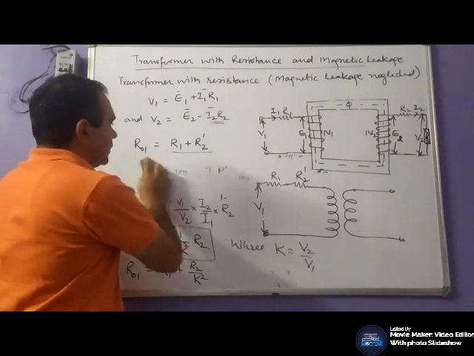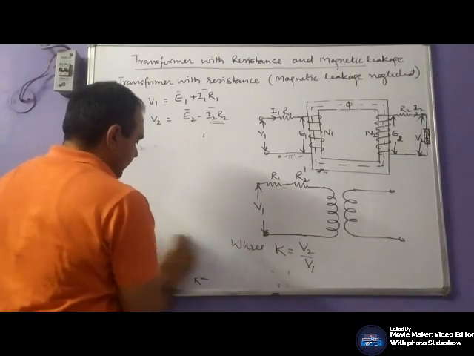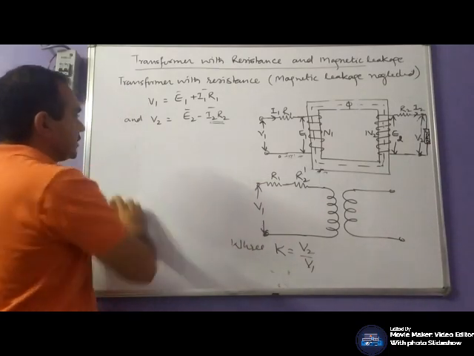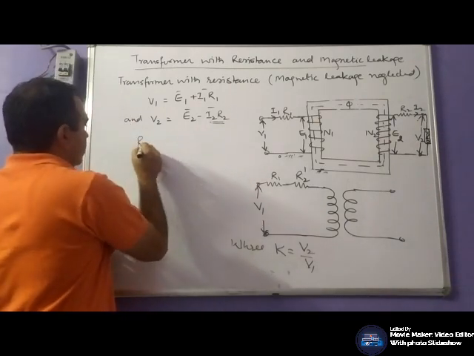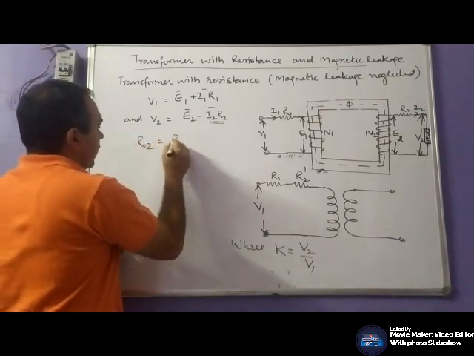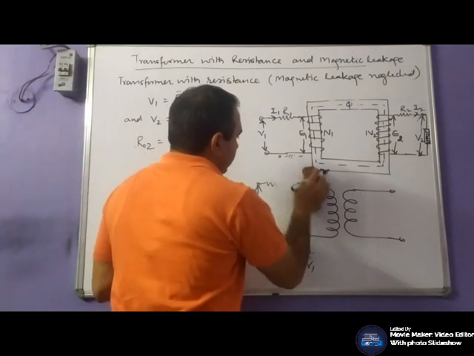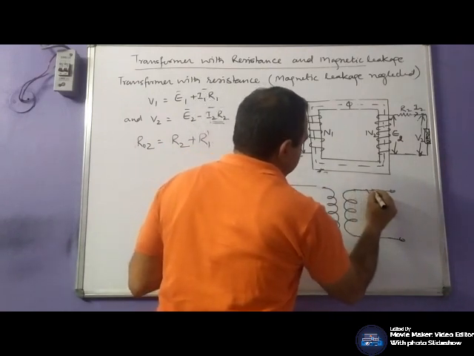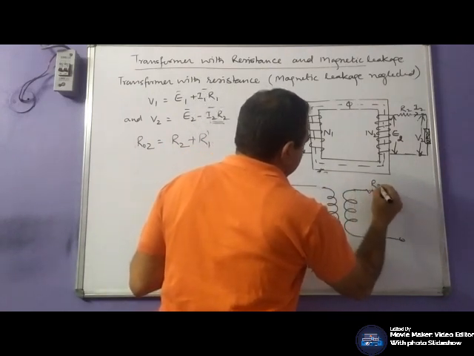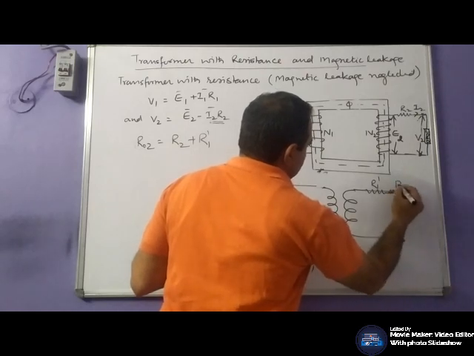What we said, percentage of voltage drop should remain same. So R02 is R2 plus R1 dash. So we have transferred this R1 on this side, R1 dash plus R2.